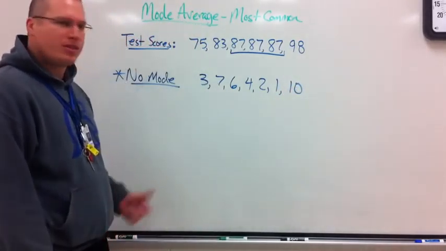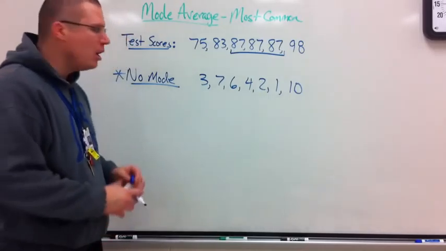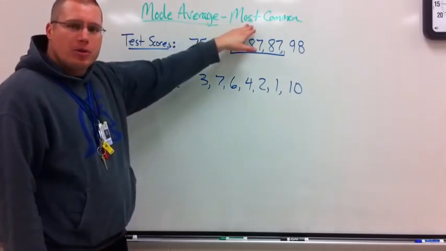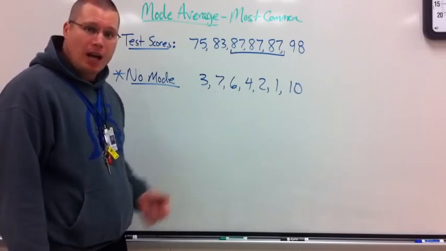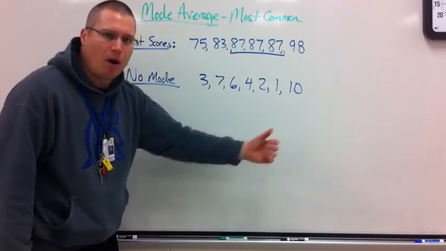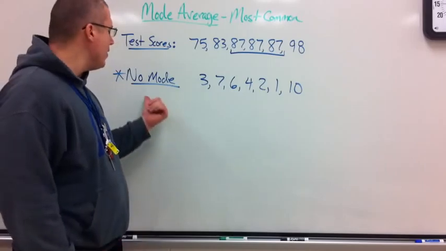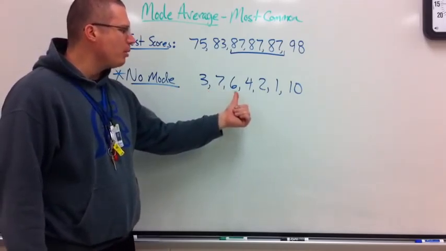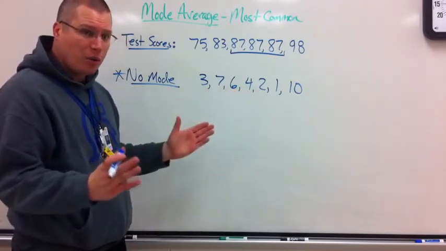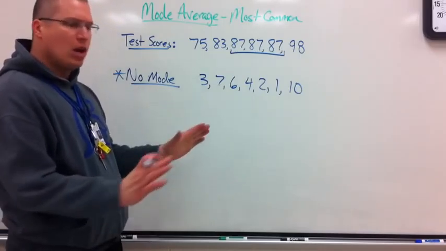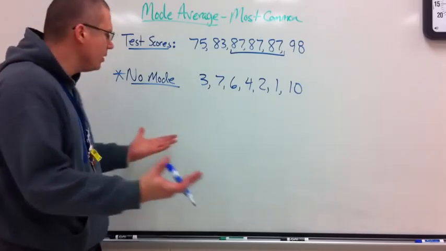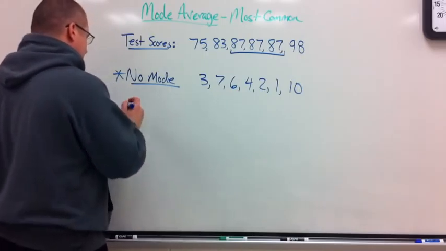What some kids will do is they'll relist all the numbers. Oh, well, mode is what number shows up the most. Oh, they each show up one time, so I should rewrite every single one of them. That's not the purpose. In this case, if every single number shows up by itself and there are no repeats, the answer would be no mode. None. There is no number that repeats.